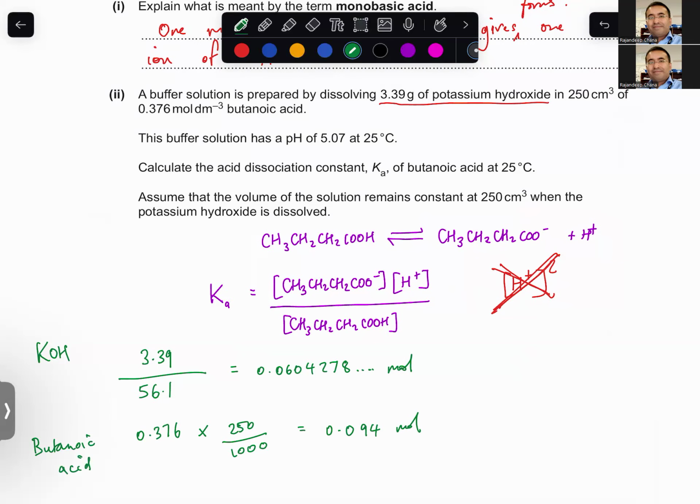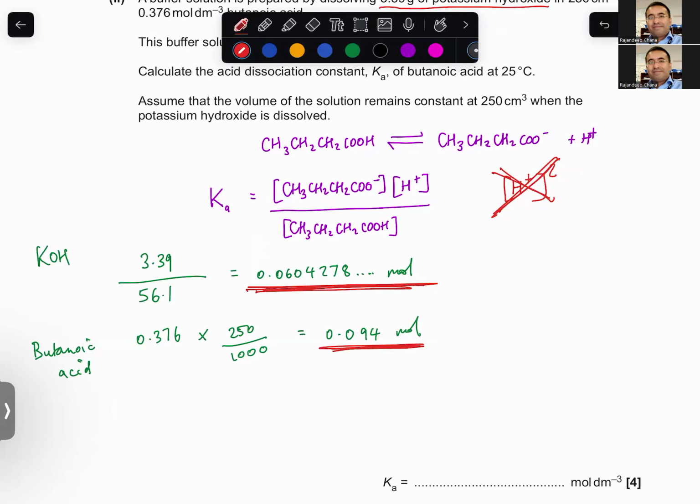Ladies and gentlemen, you see when you react these two together, this will get all used up. Oh, sorry, not the acid. The potassium hydroxide will get used up. And so you'll still have some excess butanoic acid and the salt of the butanoic acid. You'll have potassium butanoate. And the amount of moles of that will be the same as the KOH that you started off with. So you'd get this much moles of potassium butanoate.